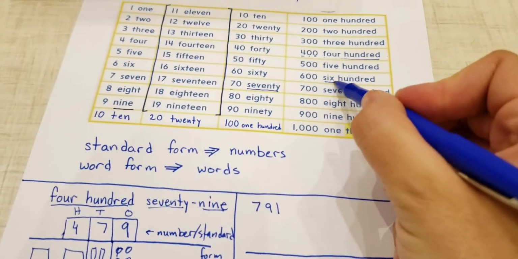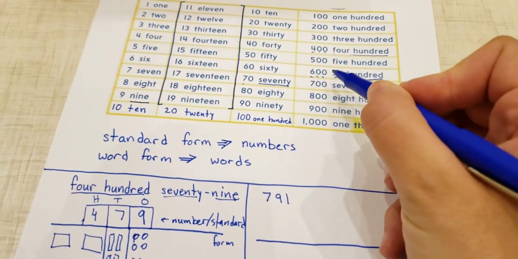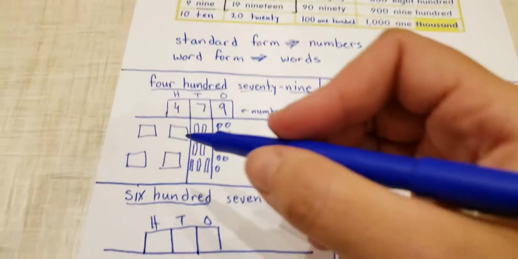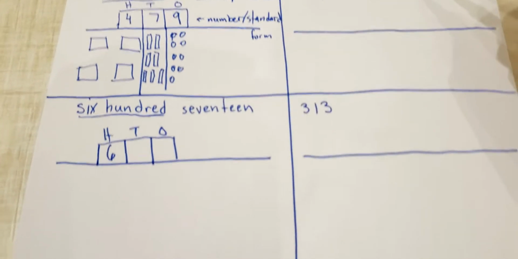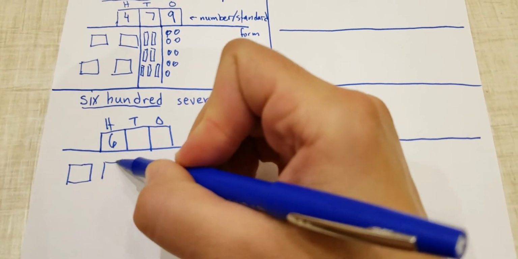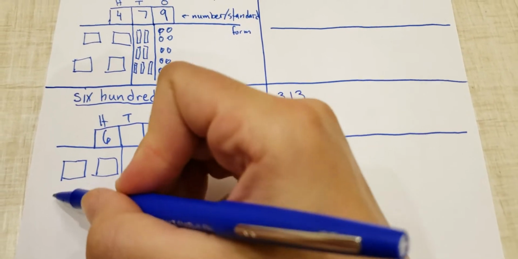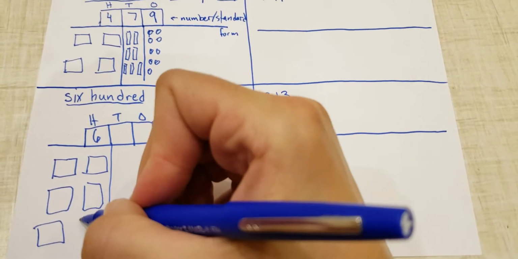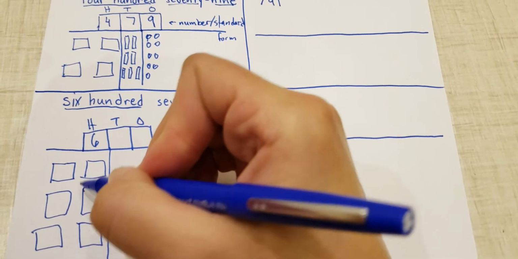All right. 600 is here. We see that there are 3 digits. 6 is the first digit on the left. So write a 6. Okay. And that's like saying I have 6 hundreds.